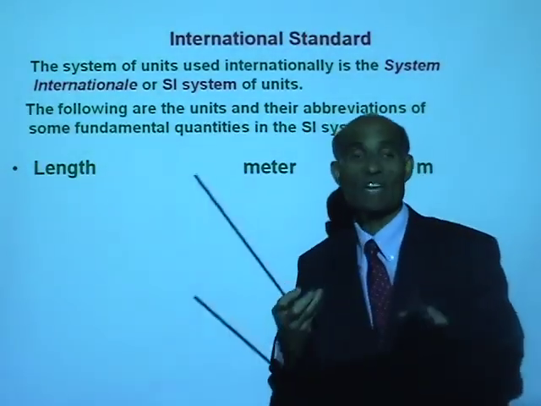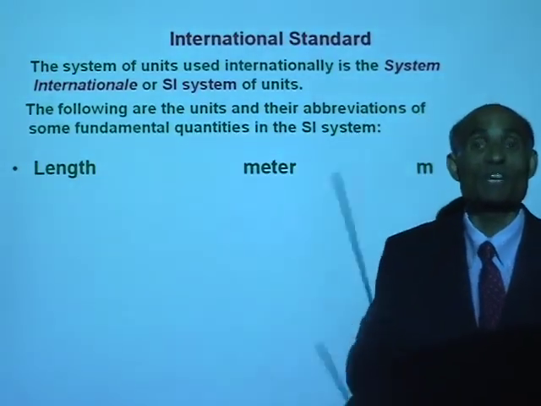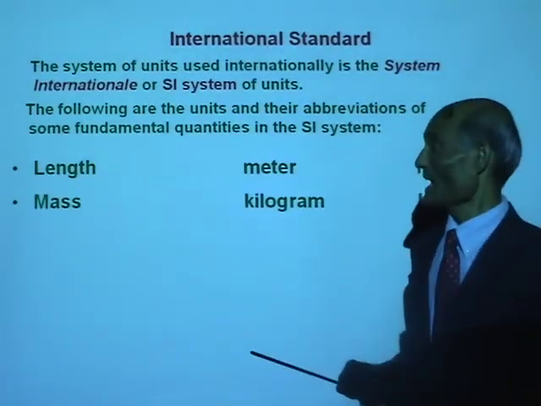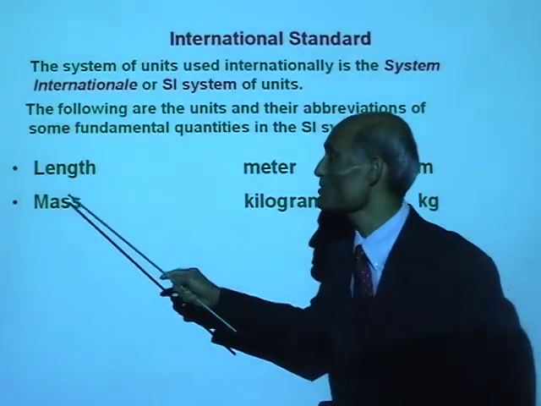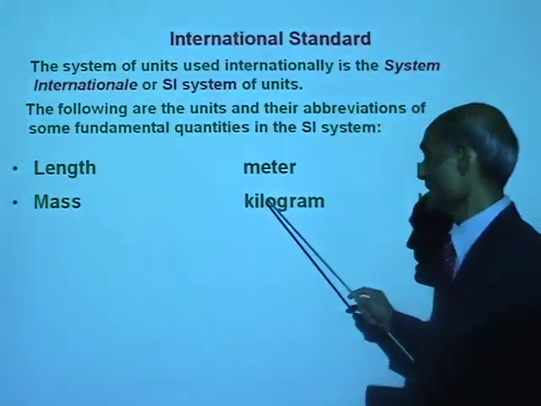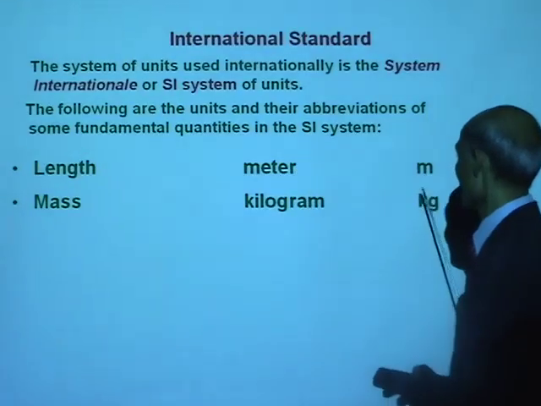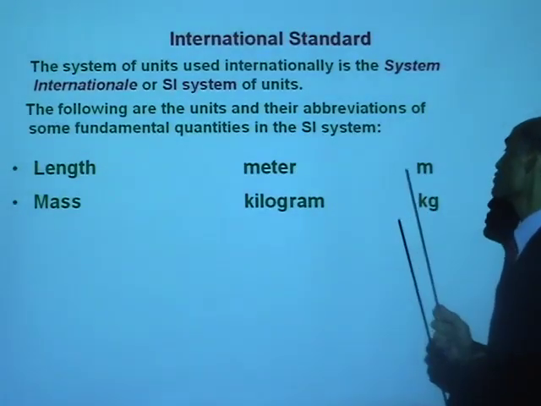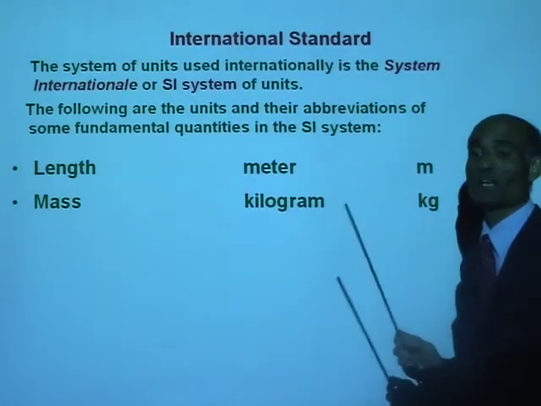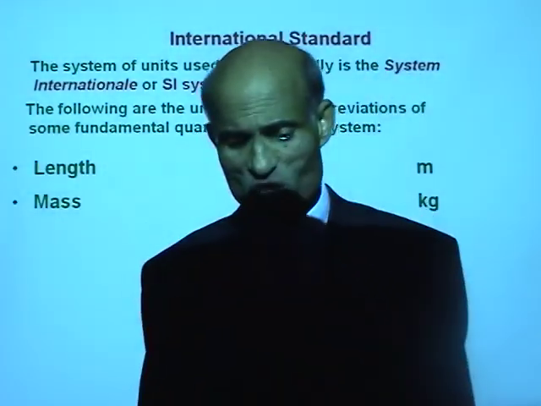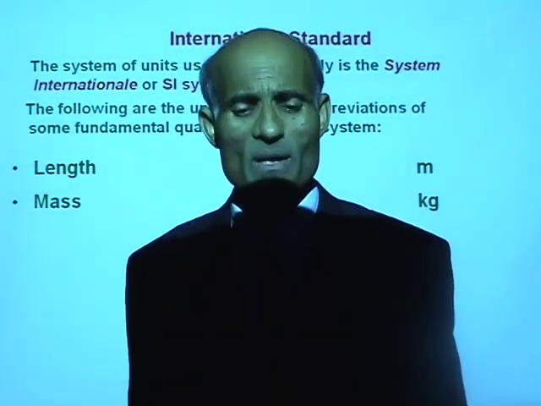So length is a fundamental quantity we measure. Another fundamental quantity we measure is mass. Its unit is a kilogram. And the abbreviation is kg. Now, have you seen how much is a kilogram?